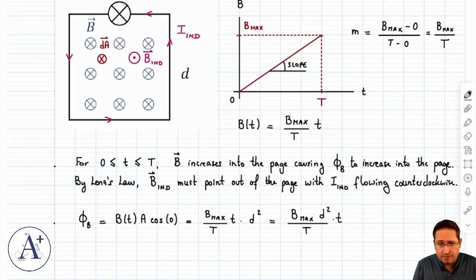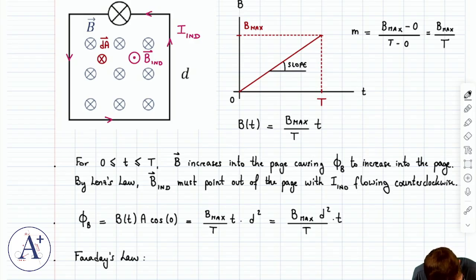By Faraday's law, epsilon induced is minus d phi B dt. Okay, now that's pretty straightforward.